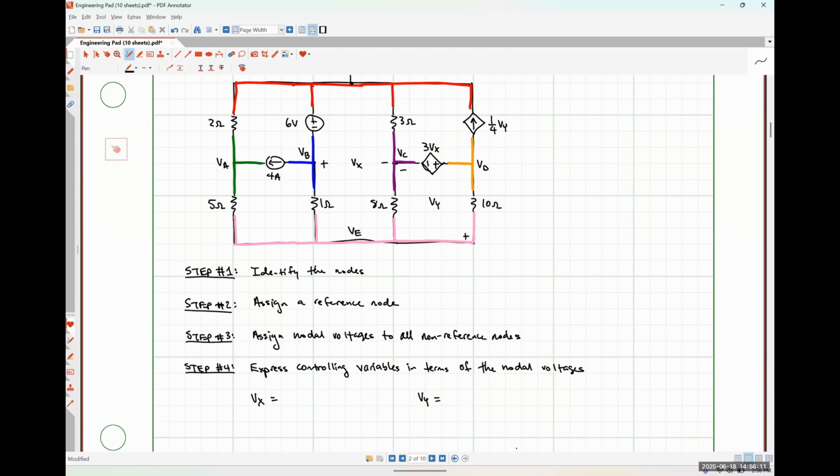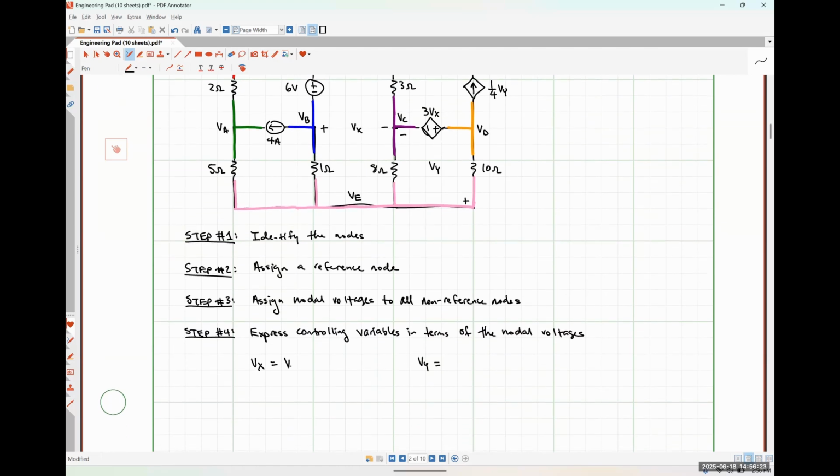Exactly right. So it's the nodal voltage at the positive polarity terminal of Vx, which is just Vb, minus the nodal voltage at the negative polarity terminal of Vx, which is just Vc. So 100% right. Vb minus Vc. So there's our first equation.